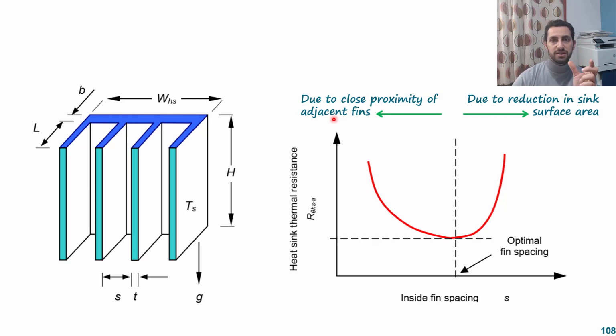And if you start increasing the distance between these fins, you will bring the thermal resistance to an optimal value, but by increasing more, you will end up with less surface, because if you get rid of that one and get rid of that one, and you have highly spaced fins, you will reduce the surface that's exposed to the air and exchanging heat with it.